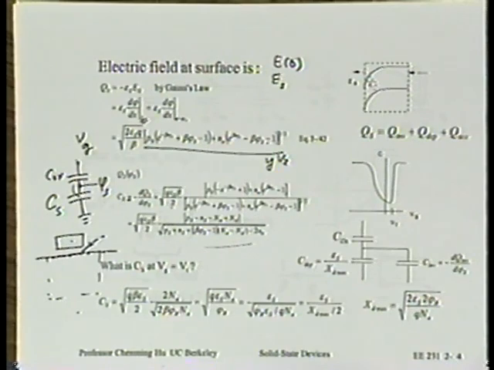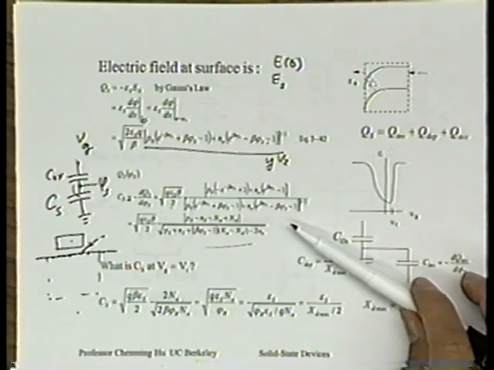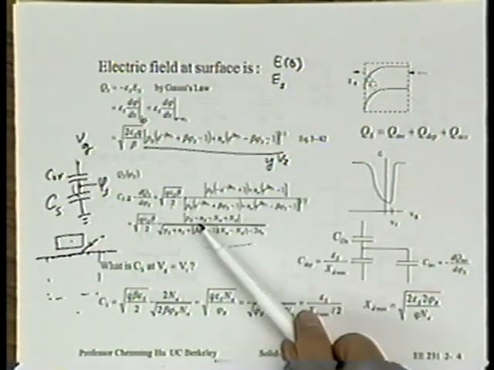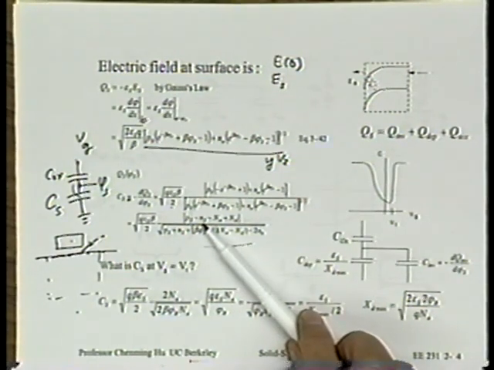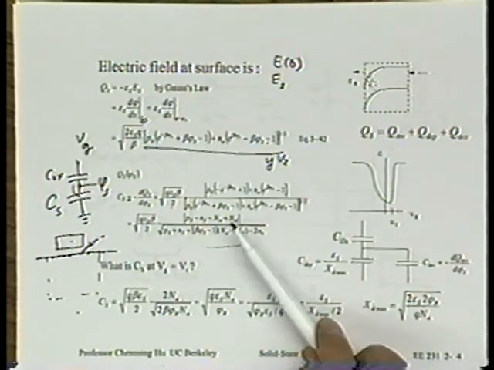Okay? All right. Now for simplicity, it can be shown, this is not in the textbook, but I'll just write it down for you, that these terms can be rewritten in terms of the electron concentration at the surface, ns, the hole concentration at the surface, ps, and the doping concentrations NA and ND.